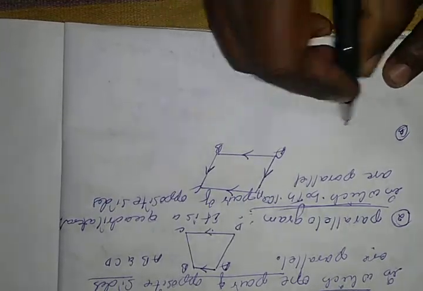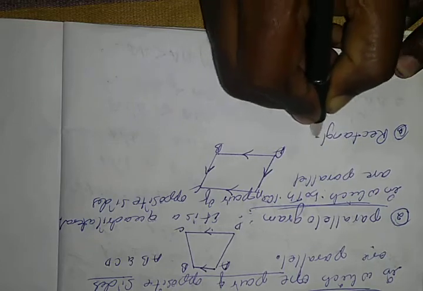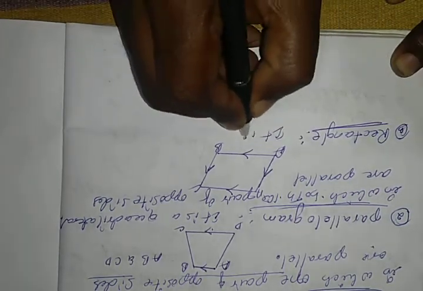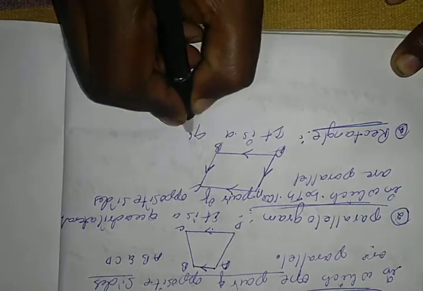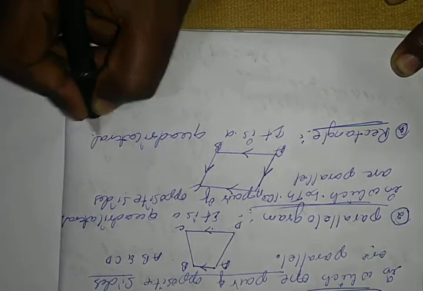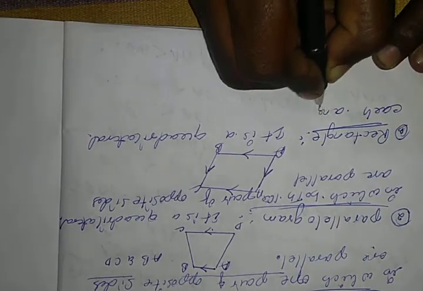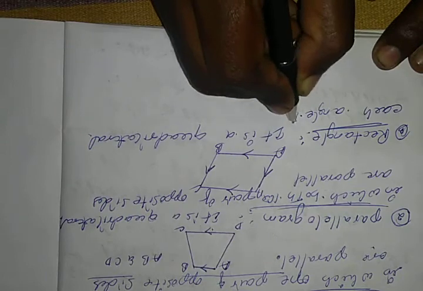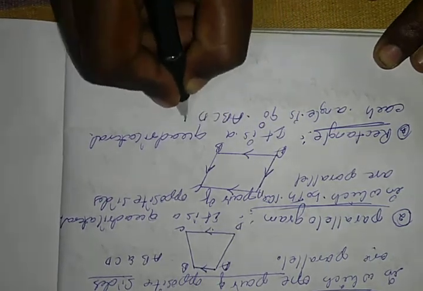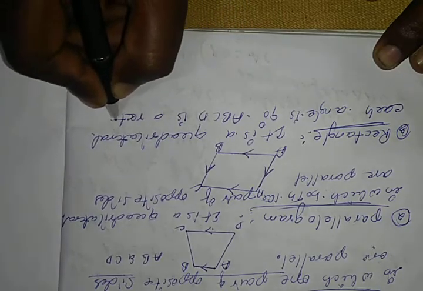And the next one is rectangle. This is also a quadrilateral, in which each angle measures 90 degrees. So ABCD is a rectangle.